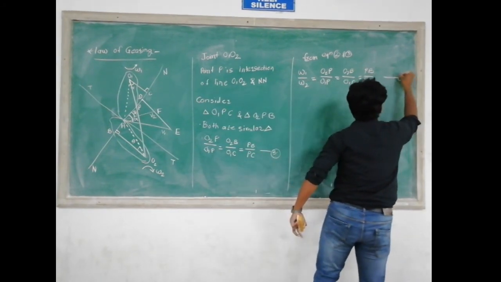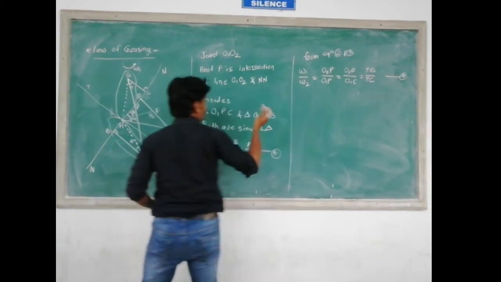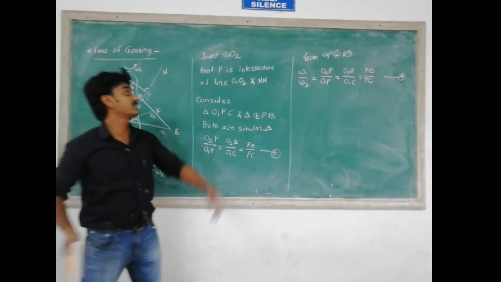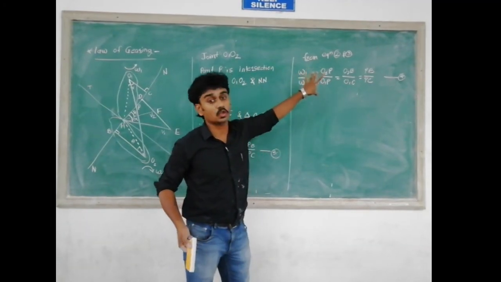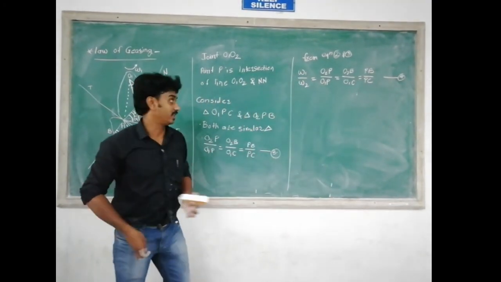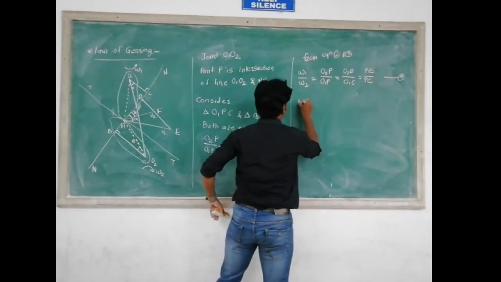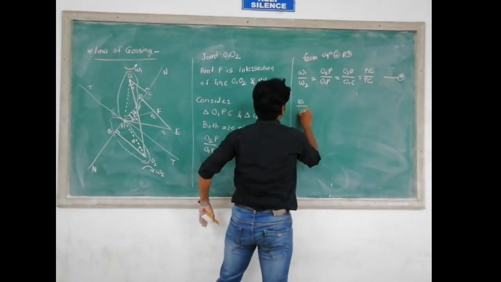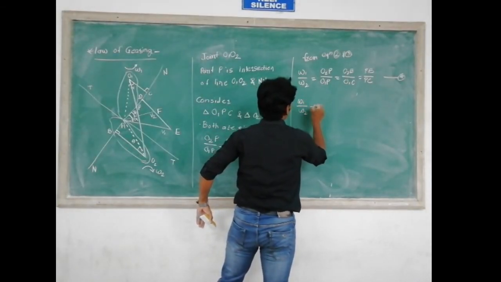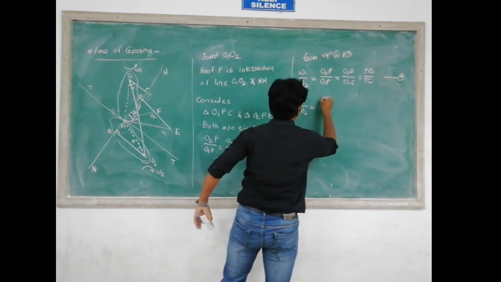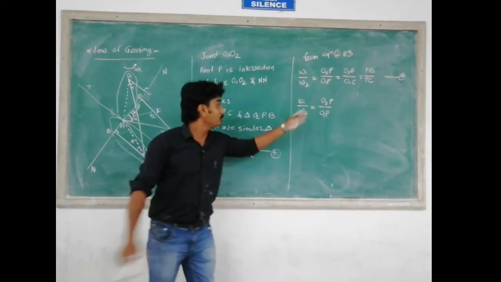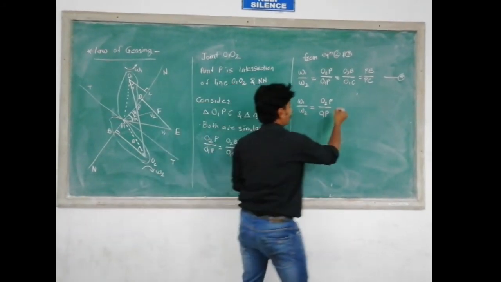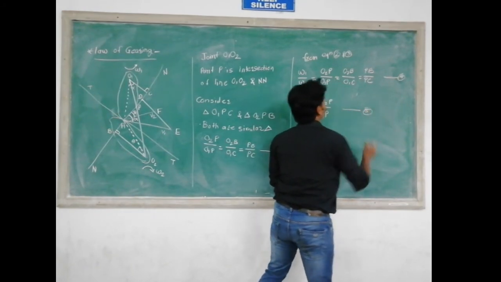This is equation number 4. If we put the values of equation 3 and equation 4 together, we will get this equation, and this equation is called the law of gearing. For simplification, if we write omega 1 upon omega 2 is equal to O2P upon O1P, we mark it as equation 5.